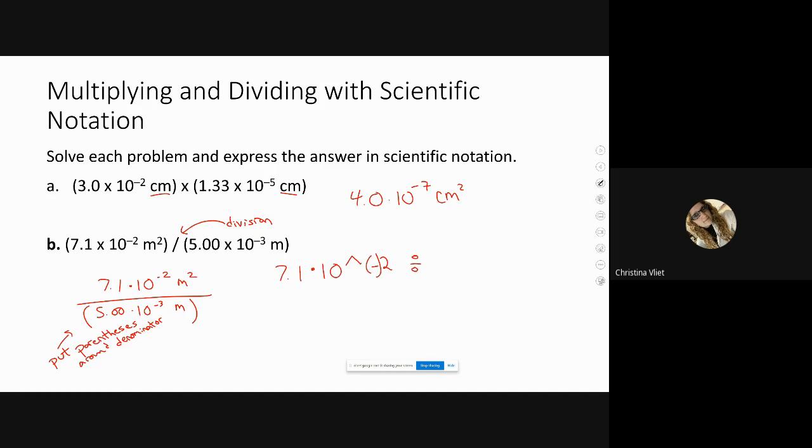And then around your whole entire denominator, you put parentheses. So there's actually a key for opening a parentheses in your calculator. And then you would have that.